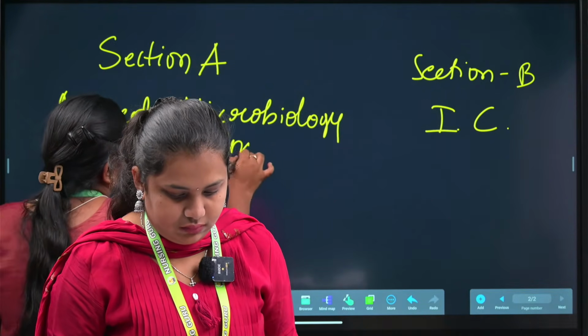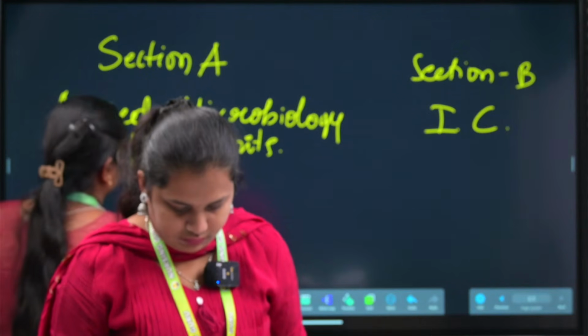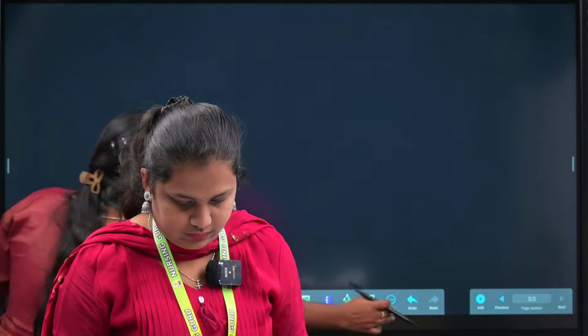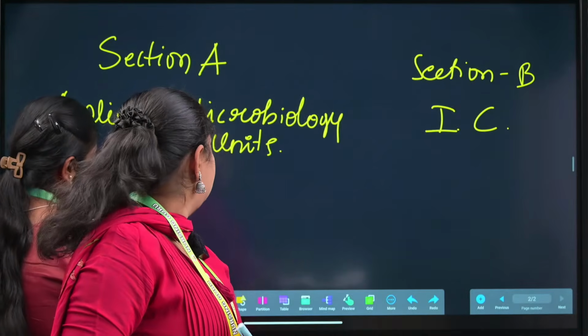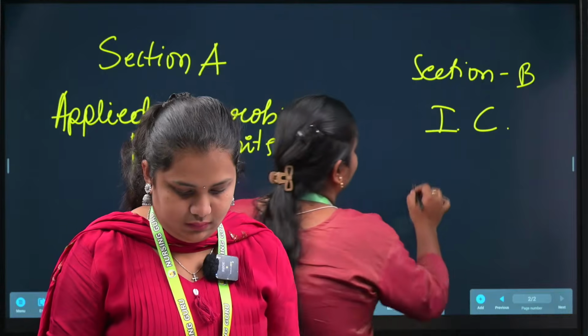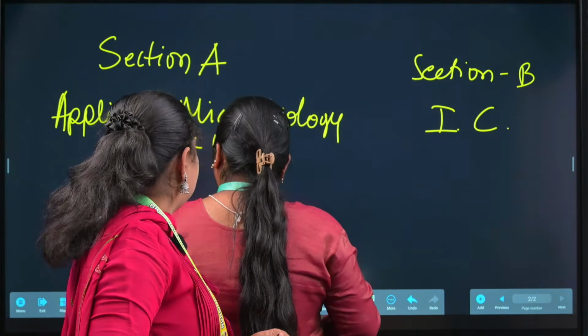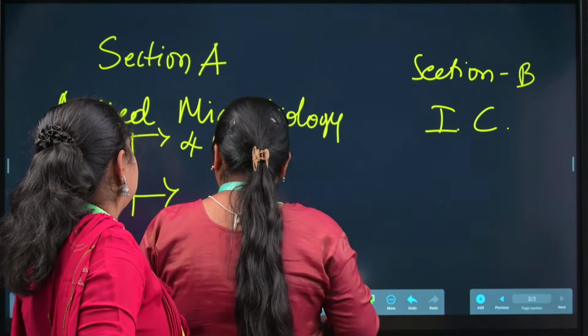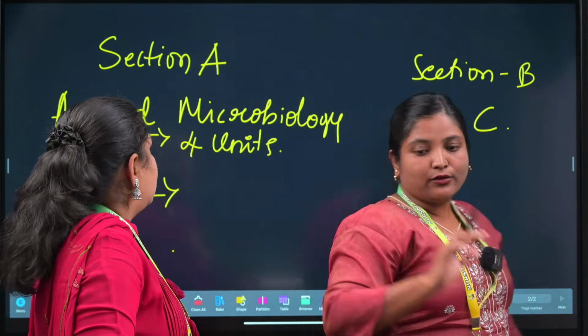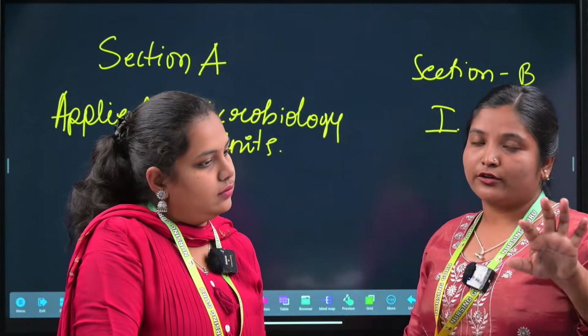So do one thing. Most of the important questions from those 4 units we have already given, so revise them. In infection control we have 5 to 6 units, so leave infection control for now. In microbiology, the entire bacteria, virus classification, bacterial cell structure, most of the important questions we have already given.